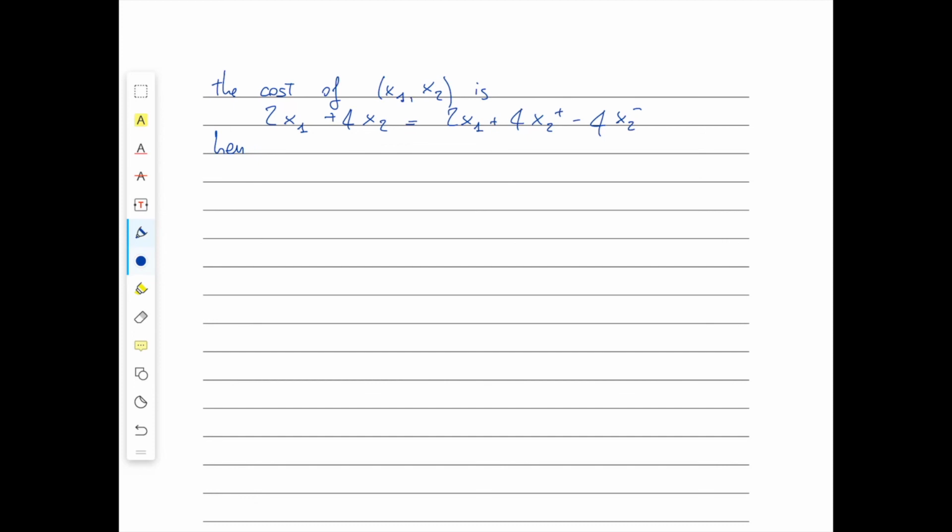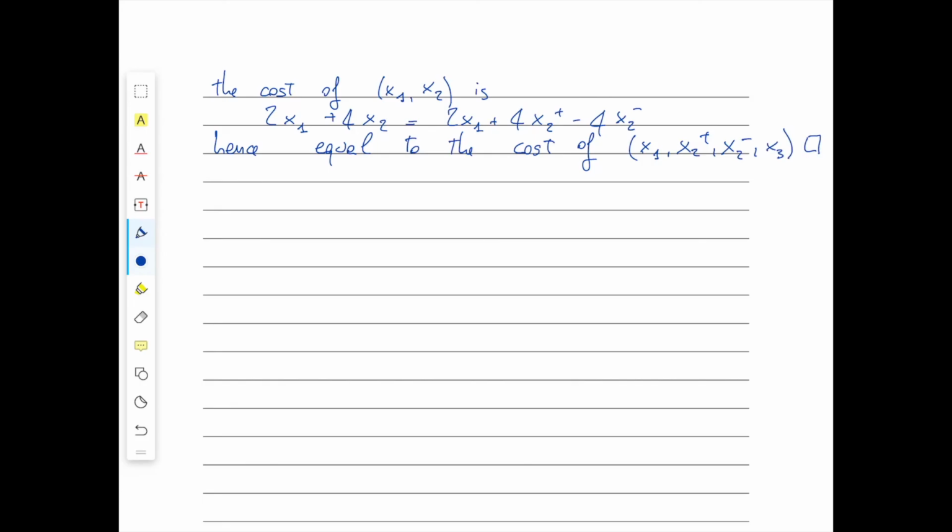So hence equal to the cost of x1, x2 plus, x2 minus, x3. And this concludes the proof of this observation.